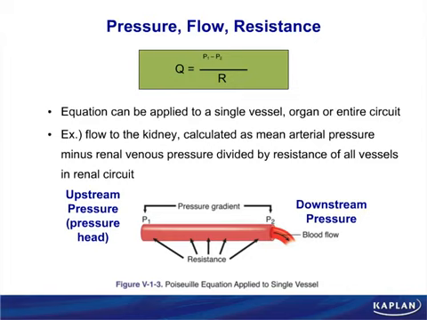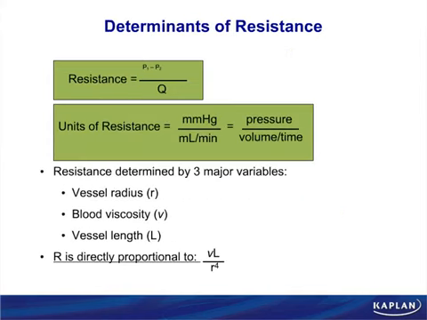So here are the basic fundamentals: pressure, flow, resistance, and upstream pressure and downstream pressure. Upstream is P1, downstream is P2. What are our players for resistance? Vessel radius, blood viscosity, and vessel length.